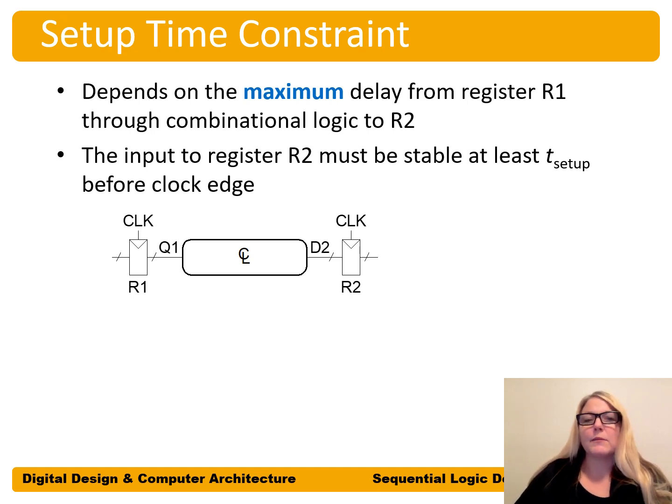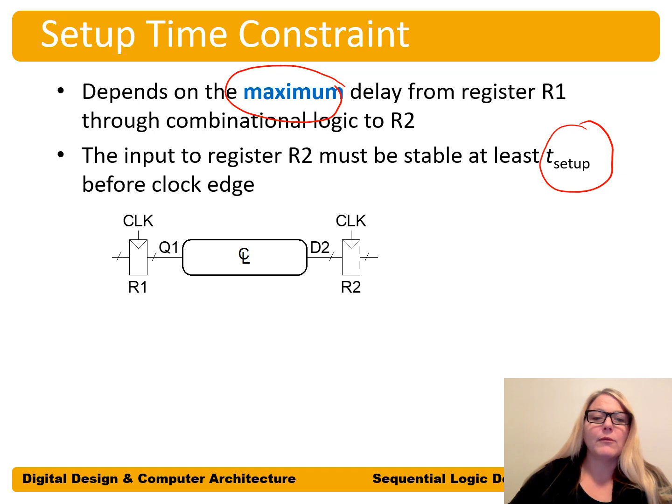So let's talk about the setup time constraint. We have two constraints on determining whether our circuit is going to run reliably. We have the setup time constraint, and then we'll talk about the hold time constraint next. The setup time constraint depends on the maximum delay from register 1 to register 2. So remember that the input to register 2 must be stable at least a setup time before the clock edge. So we get a rising clock edge, and that drives Q1 changing.